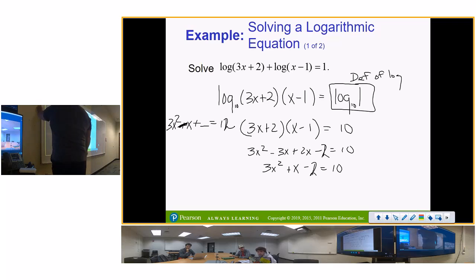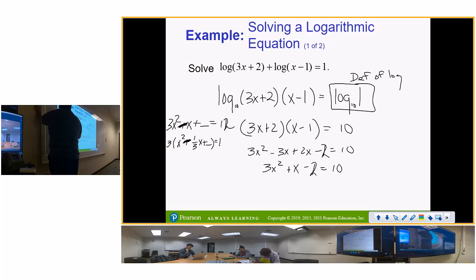So, factor out the 3. That's going to be x squared minus 1/3 x plus blank is equal to 12 plus 3 times blank. And then half of 1/3. 1/3 divided by 2 is what? 1/6. 1/6 squared is what? 1/36.